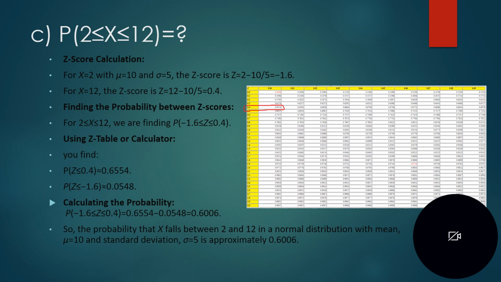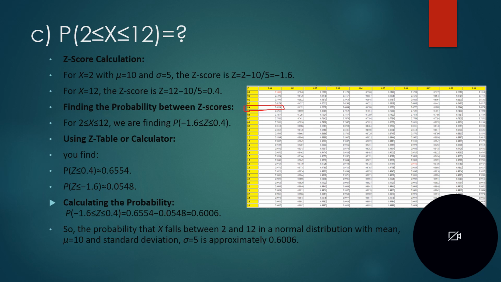Using the z table or calculator, we find that z less than or equal to 0.4 is approximately 0.6554 and z less than or equal to minus 1.6 is equal to 0.0548.